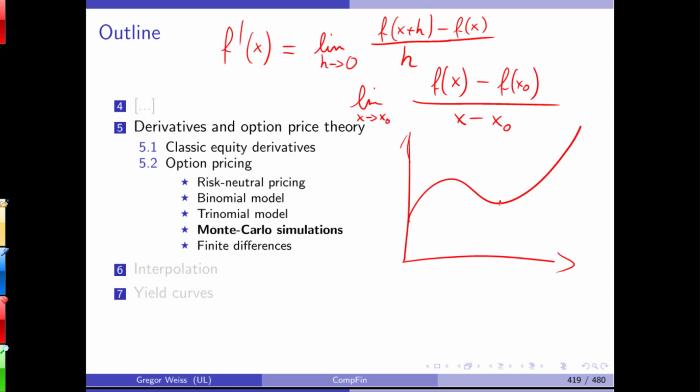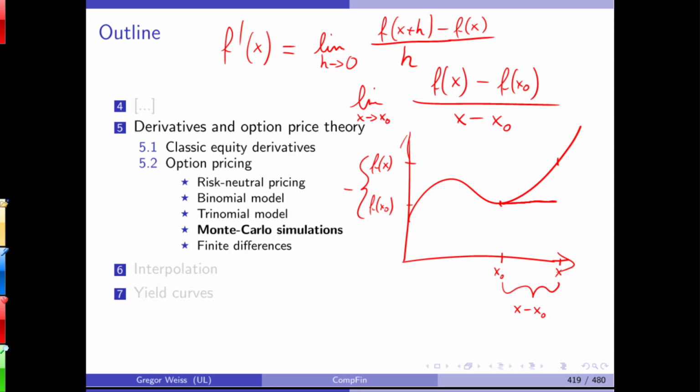You have, for example, this point here, and if you don't have an infinitesimally small difference in x, let's assume this is x and this is x0. Then this here is the difference x minus x0, and this here is f of x0, and this here is f of x. And then this is the difference again.